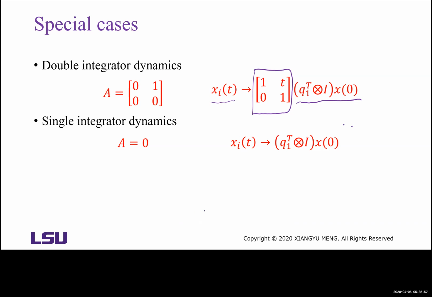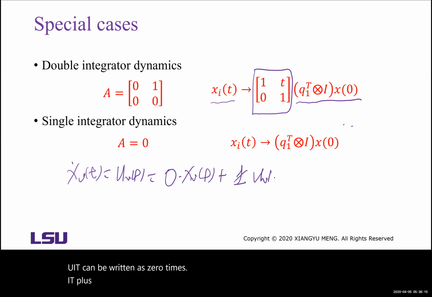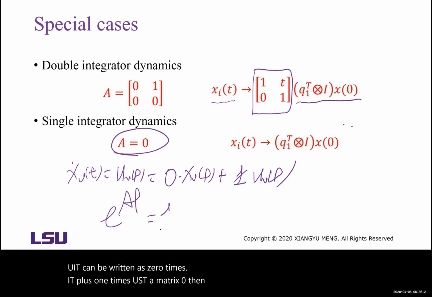Then for single integrator dynamics, xi dot equals ui(t), which can be written as 0 times xi(t) plus 1 times ui(t). So the A matrix is 0. Then the exponential of At will be 1.